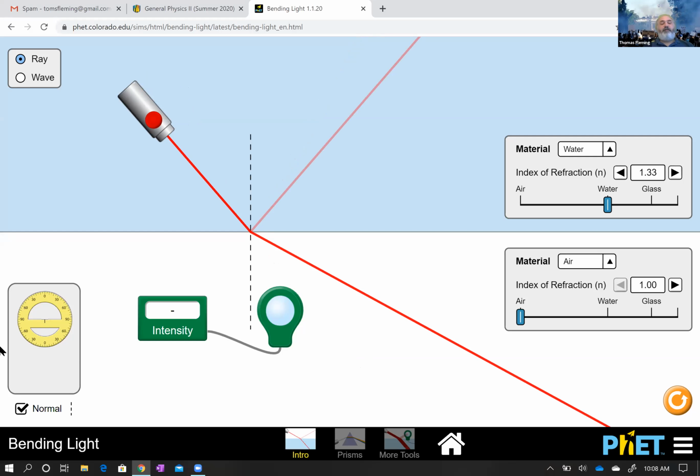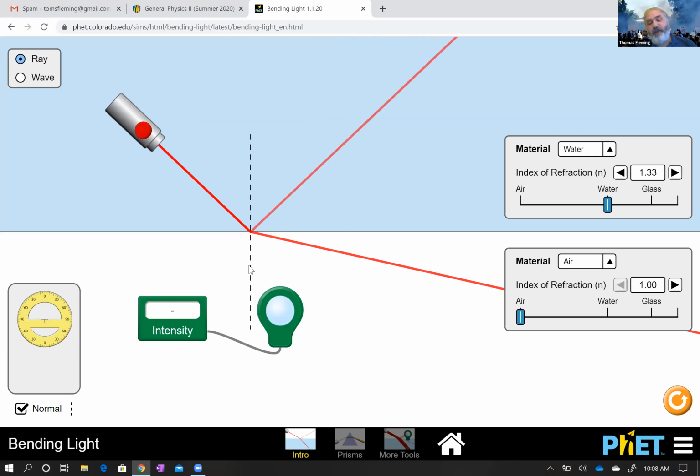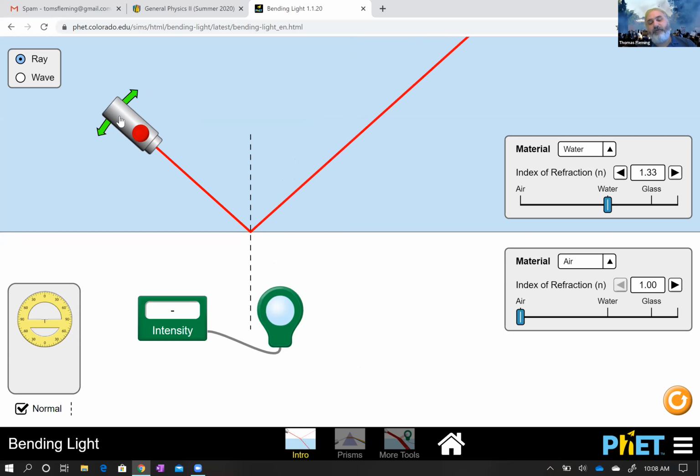And as I make this angle larger and larger, you see how this angle is getting so big? At some point, this angle is so big that it's approaching 90 degrees.